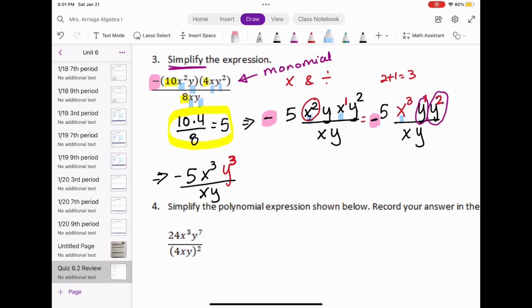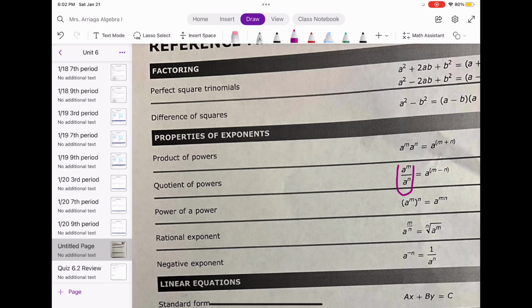Our negative sign, our 5, our x cubed, and the denominator x and y. Let's continue simplifying. Let's say that we want to divide those x's. That's the quotient of powers rule.